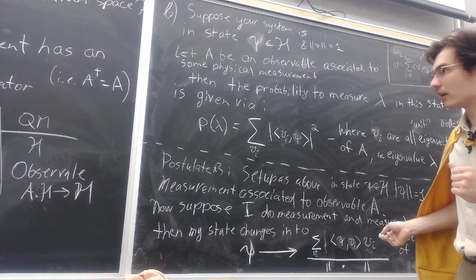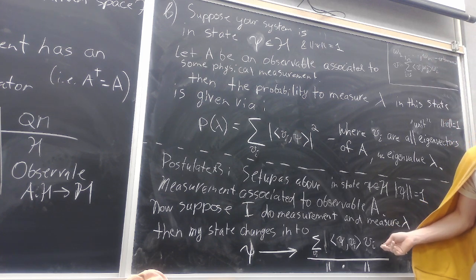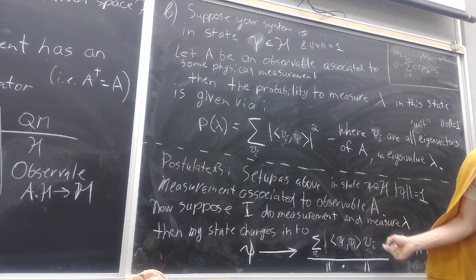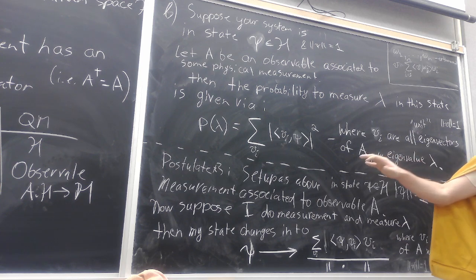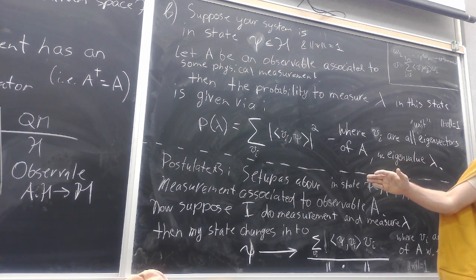Because the Vi's are eigenvectors of a self-adjoint operator, Vi's have to be orthonormal, right? And these Vi's specifically have eigenvalue lambda. So I can take these Vi's and extend them to some orthonormal basis, right?